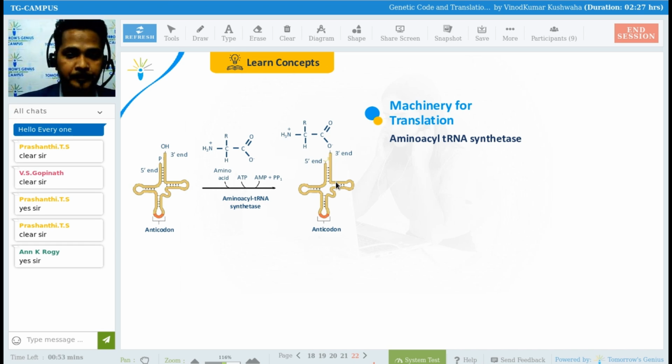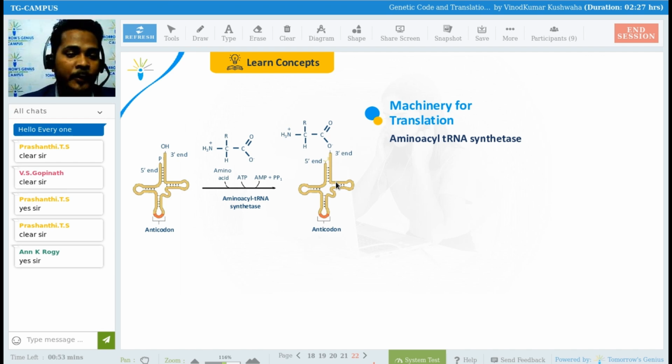Reactions, like aminoacyl tRNA synthetase. Now, what is aminoacyl tRNA synthetase? The enzyme aminoacyl tRNA synthetase combines an amino acid to its tRNA. There is a specific enzyme for each amino acid.